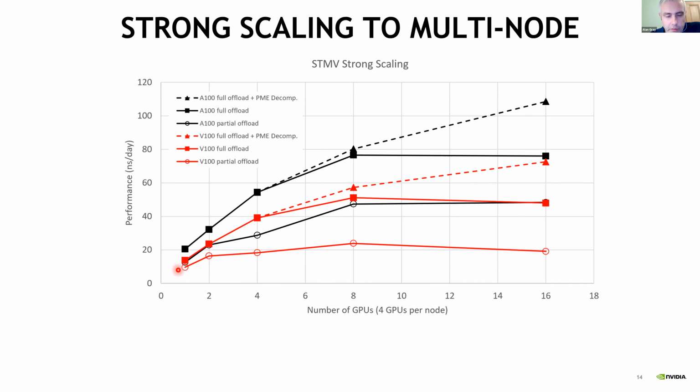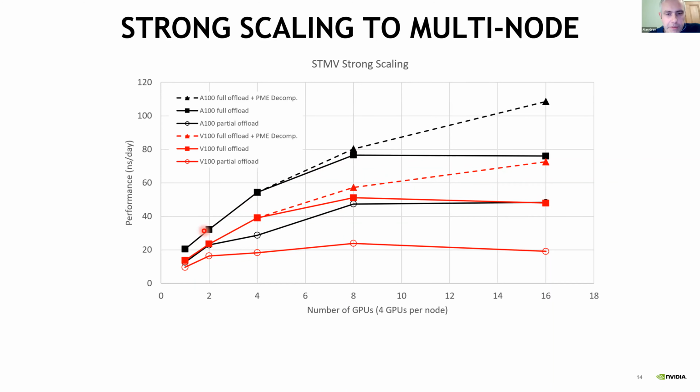The open circles show the code before we did any of the optimizations described in this work, and you can see the performance is very limited there. If we switch on the optimizations described earlier in the blog, then we have the black squares. We get better performance and also better scaling, but we hit a limit at 2 nodes, 8 GPUs, where we really can't scale past that because of that single PME GPU.